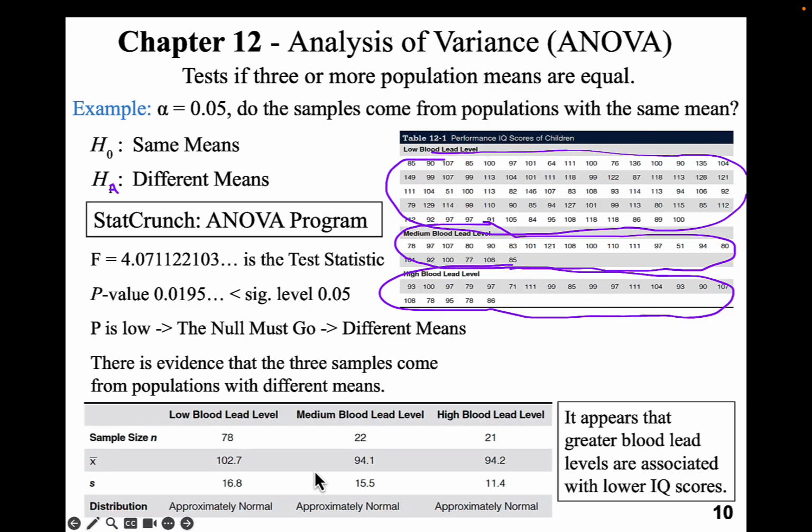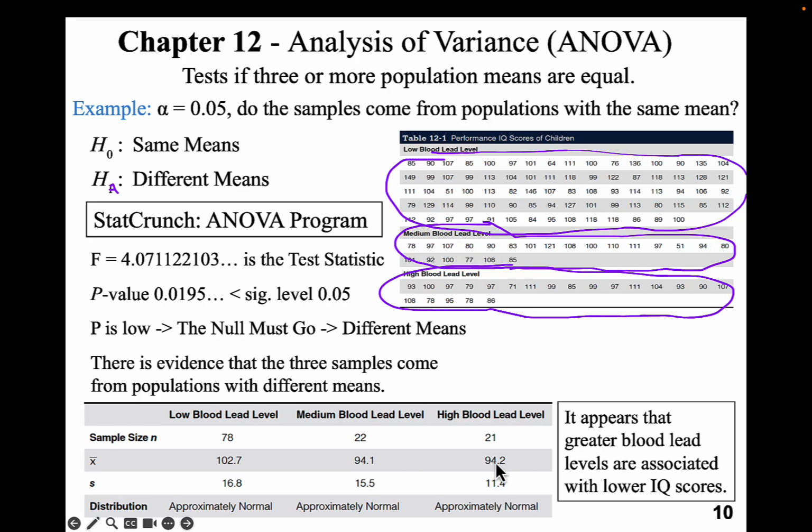Okay, another summary of this from StatCrunch, or manually, should you be asked, like, what's the sample size? There were 78 in the low lead level, 22 in the medium, 21 in the high. X bar would be each of their averages. These are our mean IQ scores: 102.7, 94.1, that's a pretty big drop.